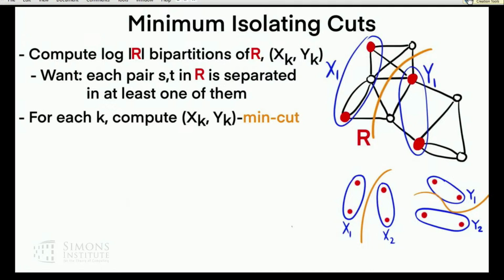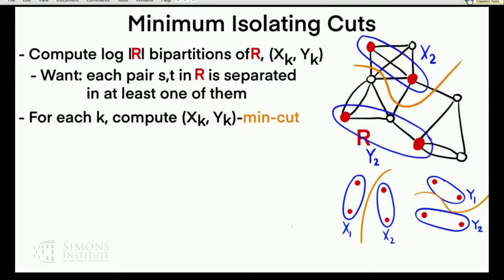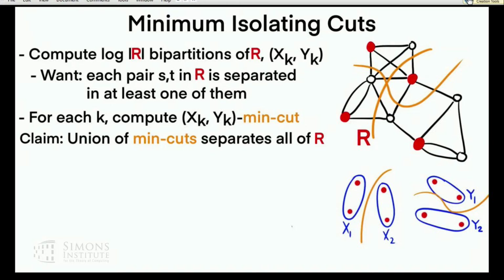Then for each bipartition, we'll compute the min cut separating the 2 sides of the bipartition. So for example, for this bipartition, we can compute this cut here, and for this one, we can compute this cut here. And next, the claim is that if we take the union of all the min cuts we ever found, this separates all of R, in the sense that if we delete the union of all these edges in all these min cuts, then every single terminal vertex will be separated from all the others.